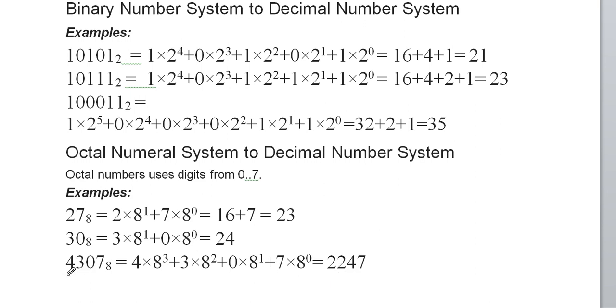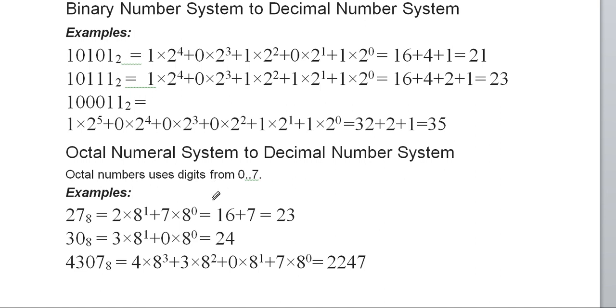So in this manner, you have learned how an octal number will be converted into the decimal number system. You are able to learn the process in a similar way as you have already learned. In the case of decimal to binary or decimal to octal, we follow the repeated division process.